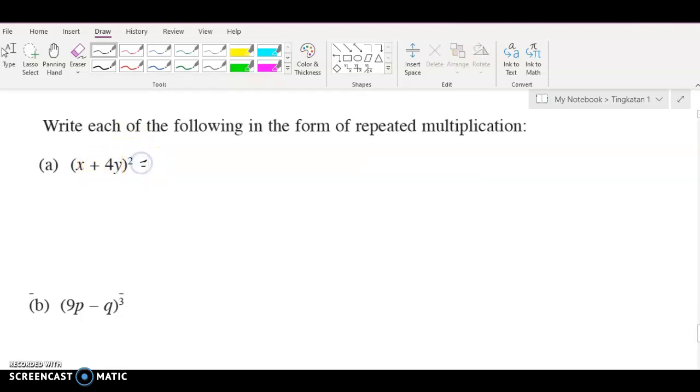What happened here? You have to look at the power. The power here is 2, which means you have to write the bracket 2 times. So you just copy back what terms are inside the bracket, x plus 4y, and then here will be x plus 4y. Okay, this is how you change the simplified multiplication into the repeated multiplication.